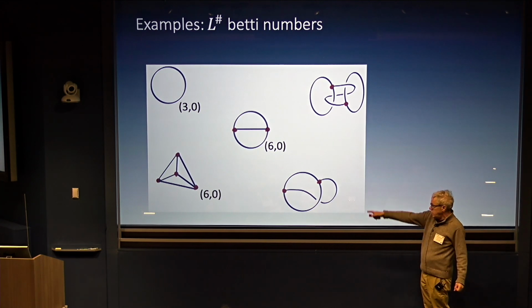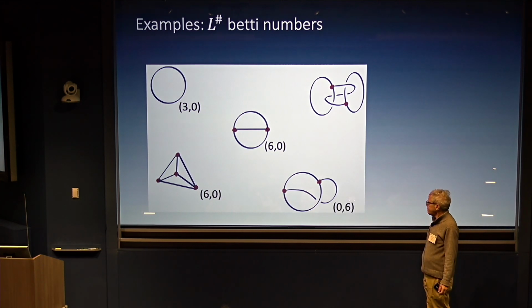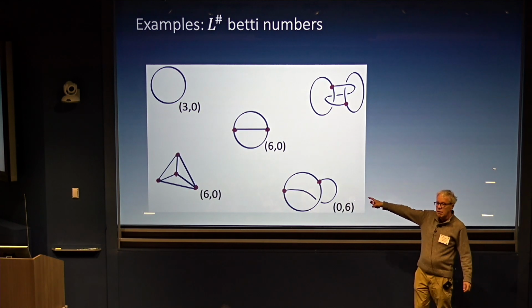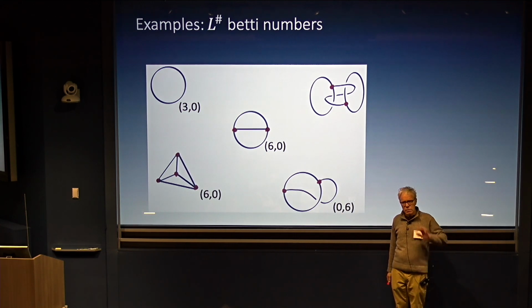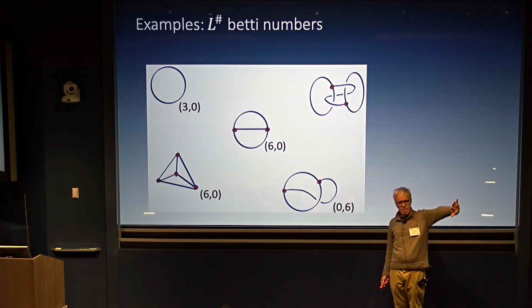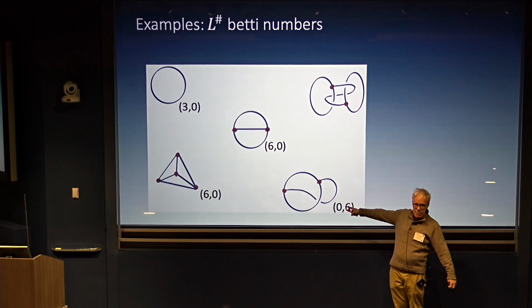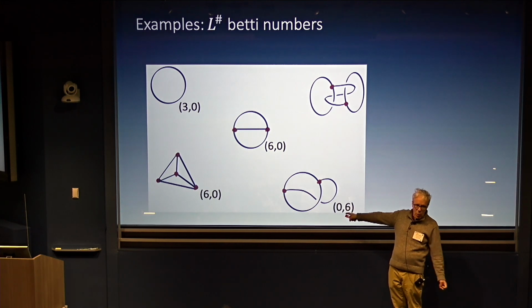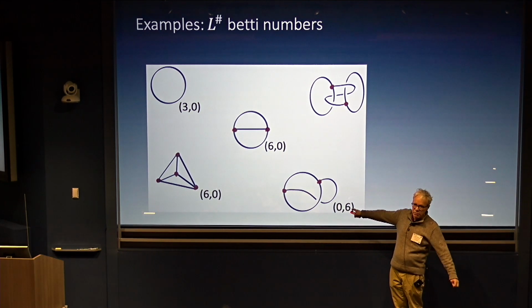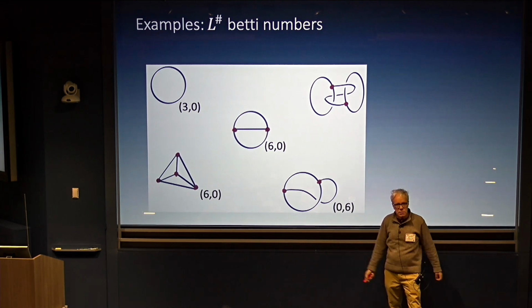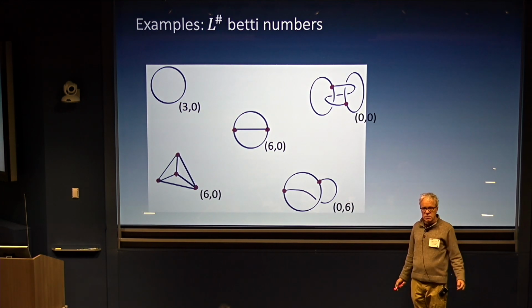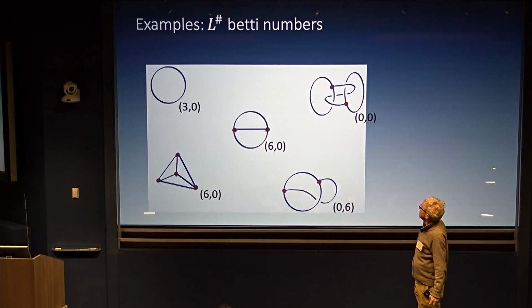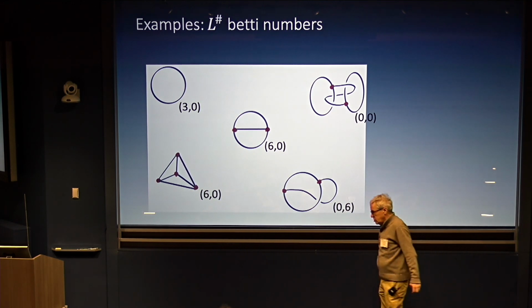Also 6 for the tetrahedral web there. This is the same theta graph as the other one, but it's got a different planar diagram. It's understood here that the binary framings I'm using are the ones coming from the planar diagram. So this is the same underlying web, but the opposite binary framing. And the even and the odd parts just got switched. It's 0, 6 instead of 6, 0. This one is 0-dimensional. L-sharp vanishes.